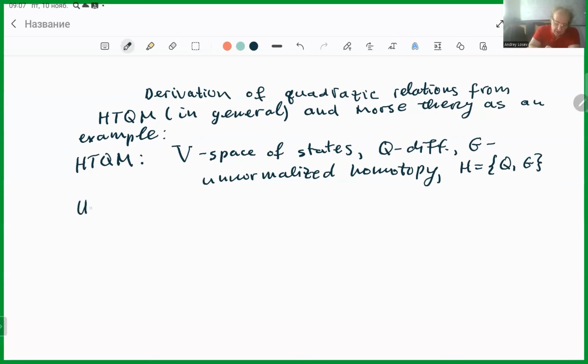We will use observables. At the moment, they are phi I operators.